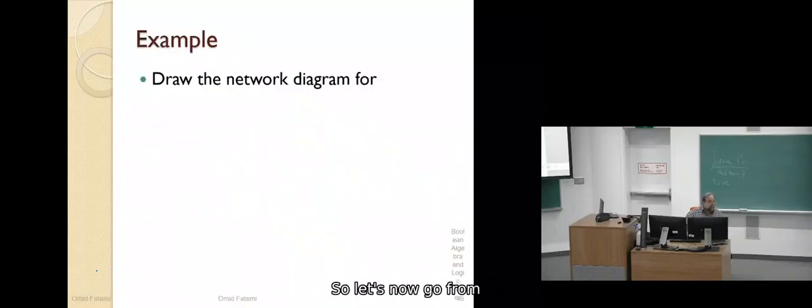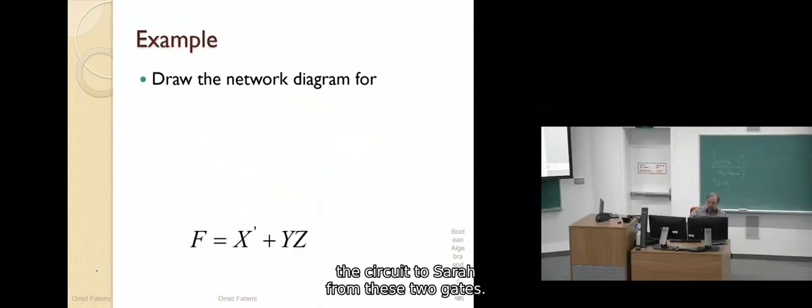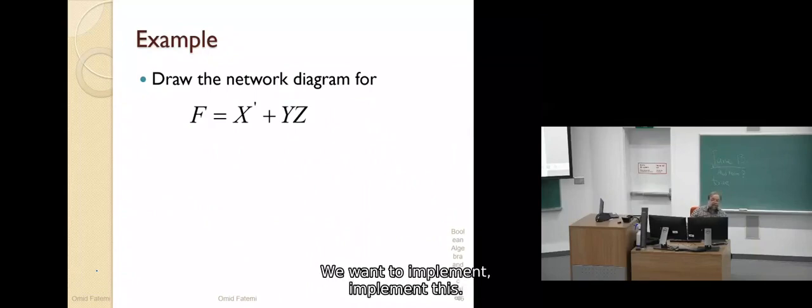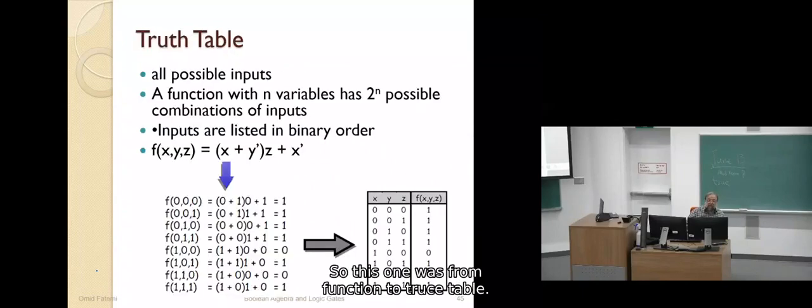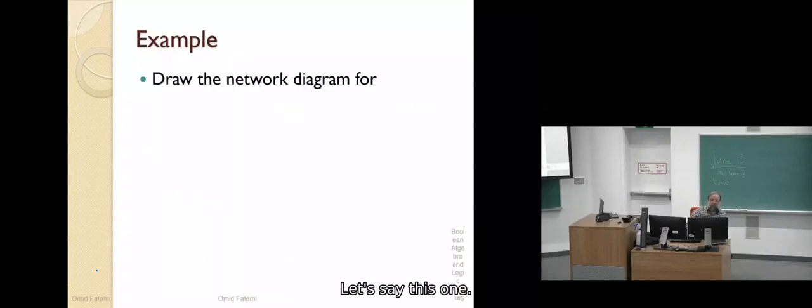So let's now go from the function to the gates. We want to implement this. So this one was from function to truth table. Now we go from function to gate. Let's say this one is a function.